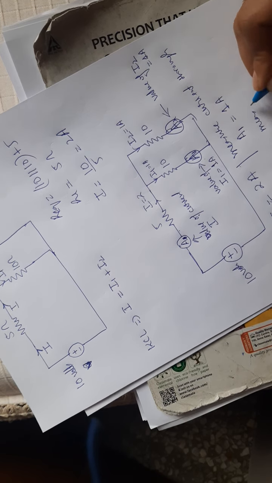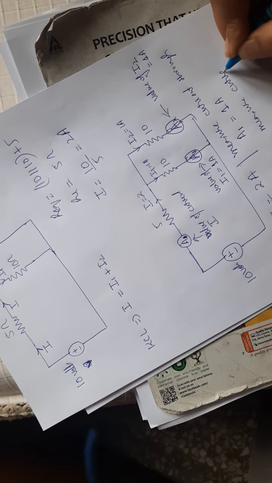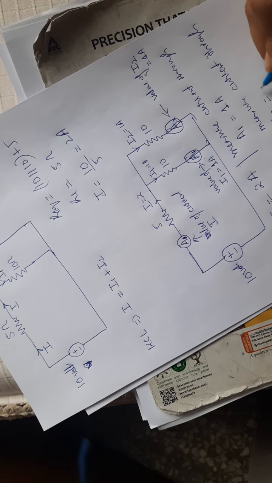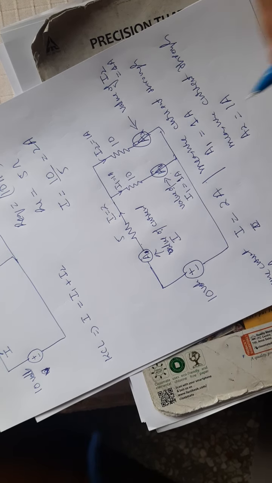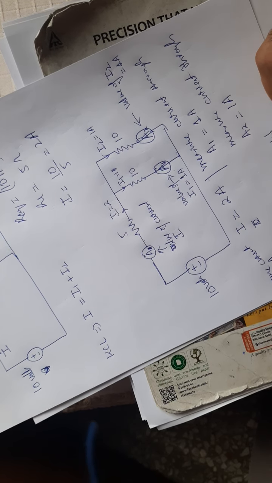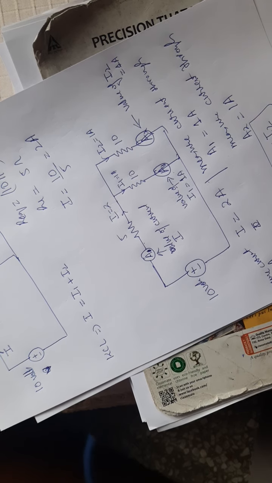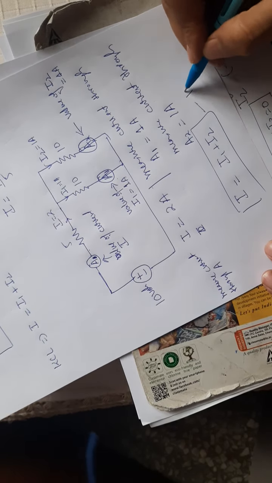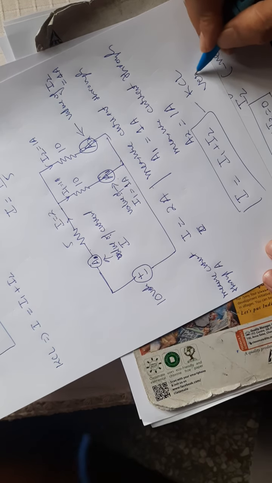Similarly, you will measure the current through ammeter A2, which is again 1 ampere. Now you will apply KCL. You will see that I equals I1 plus I2, which is 1 plus 1 equal to 2. So this way you will verify KCL, and you will say KCL verified.